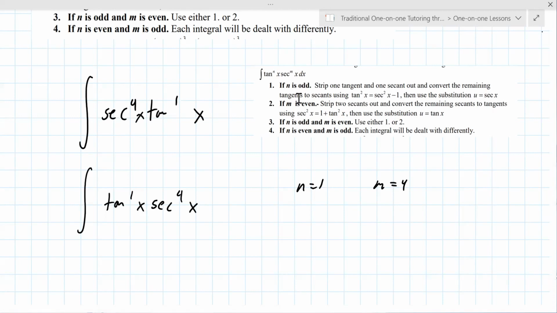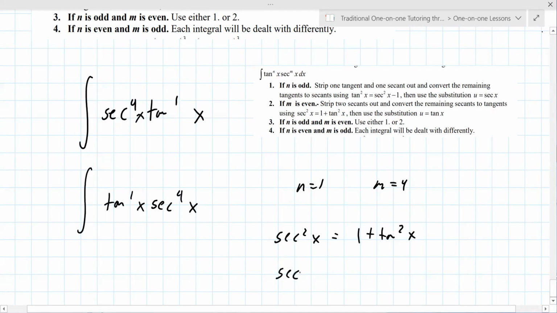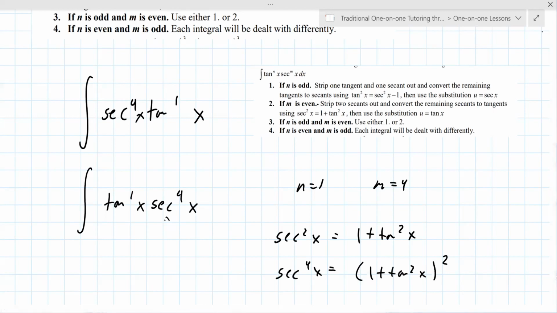I would go with the second one because secant squared x equals 1 plus tangent squared x. If you square both of them, you get secant 4th x equals 1 plus tangent squared x, squared. And that's what's going to go in there. Strip 2 secants out and convert the remaining.